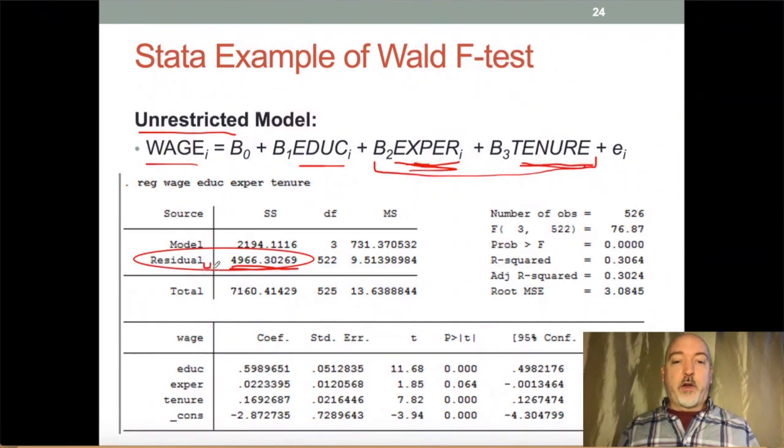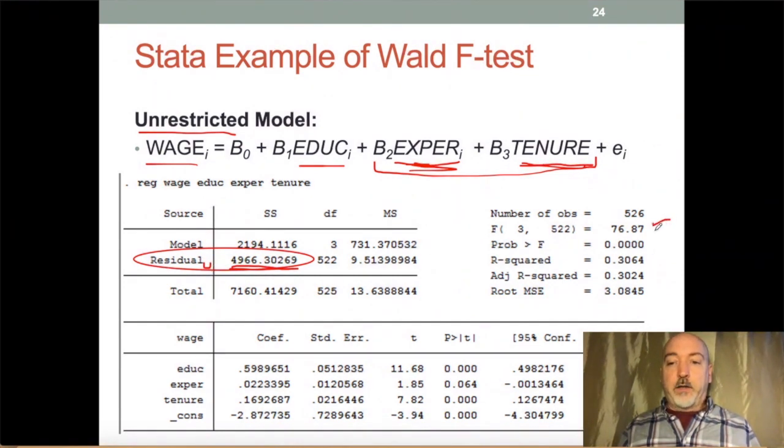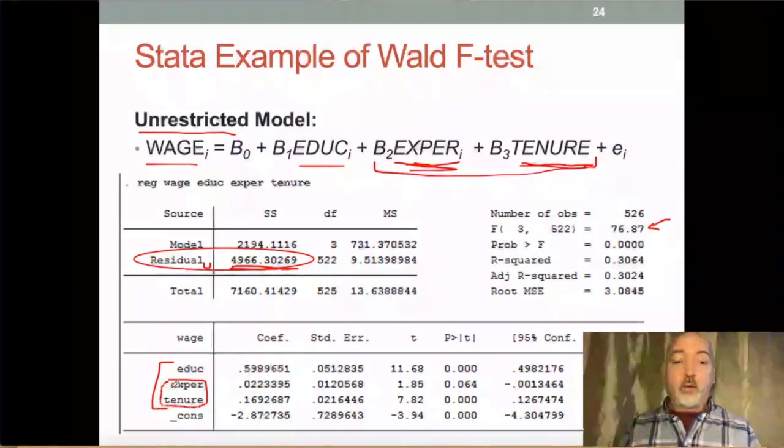Because this is from the model with all of our variables. So we're no longer looking at this guy, right? This F-stat of 76, that's testing the joint significance of all 3 variables. We just want to look at these 2. So we have to do this on our own, right? Stata only knows to test all 3, in this case, all k of our variables.